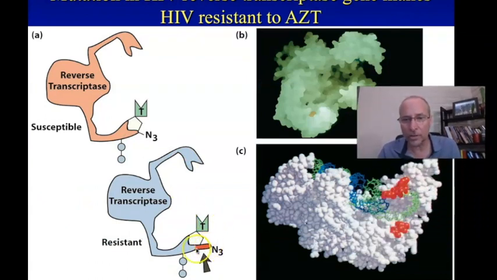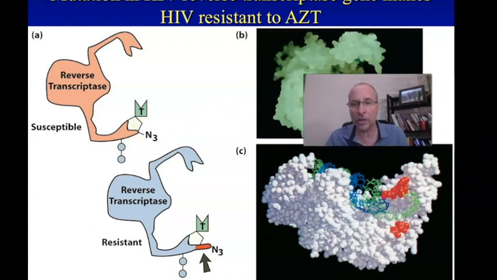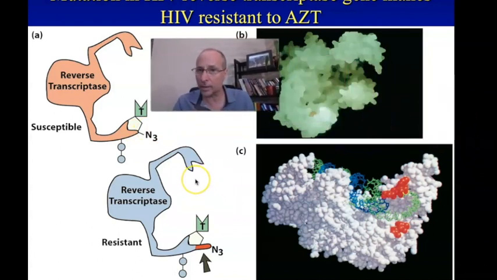And this little part is just sticking out a little bit farther than that, and that's the only difference. But that's the mutation. That's a change in the DNA sequence of the virus, not the RNA sequence, but the DNA sequence, a sequence that's made when it's made into DNA.